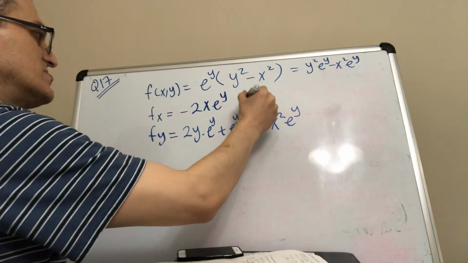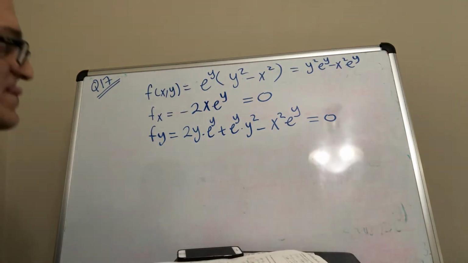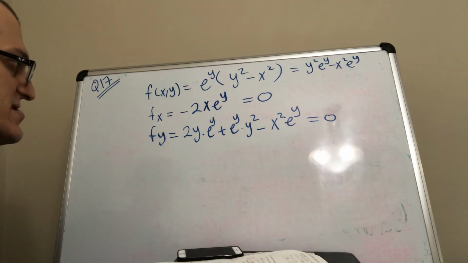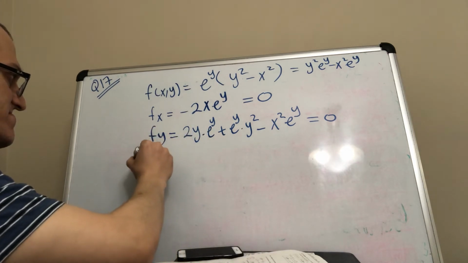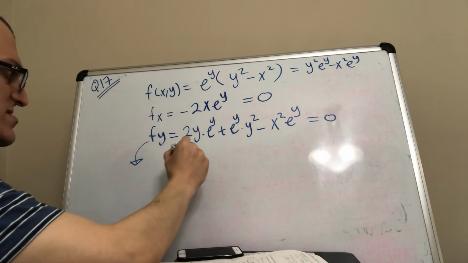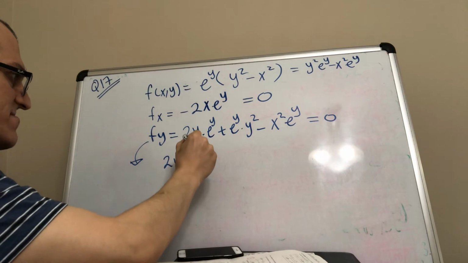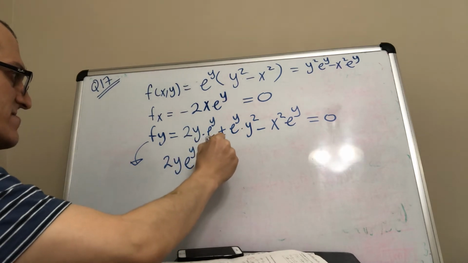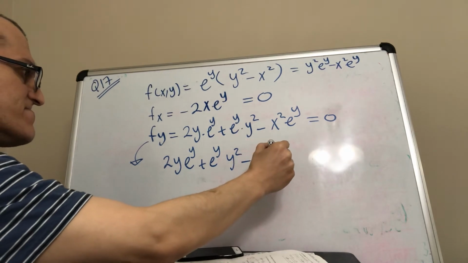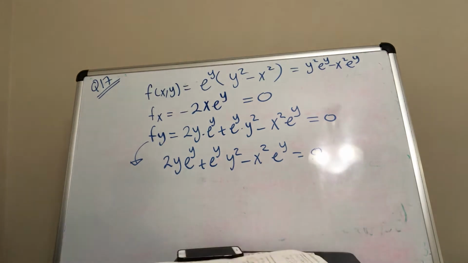What you need to do is make them both equal 0 and see if you can solve the system. To do this, I'm going to consider this one: 2y e^y, plus y squared e^y, minus x squared e^y equals 0.